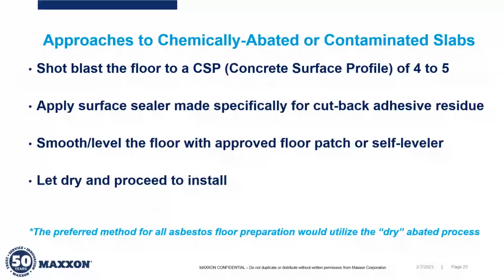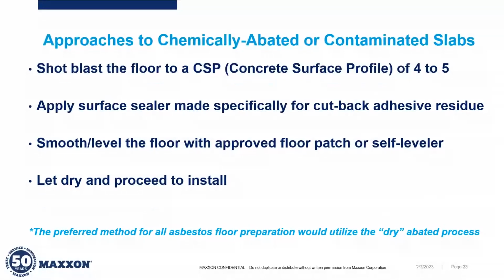Traditionally, the ways that these chemically abated surfaces have been dealt with: the preferred method of asbestos removal in the past has always been a dry abatement process, which usually is some sort of shot blasting or grinding or profiling of that surface. But they create a lot of dust, a lot of noise. So there may be a situation where the environment that you're being asked to work in is a dust-free environment.